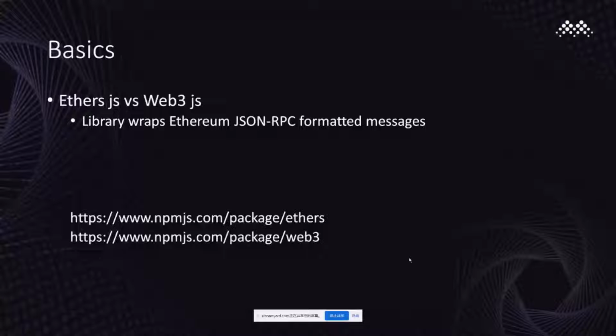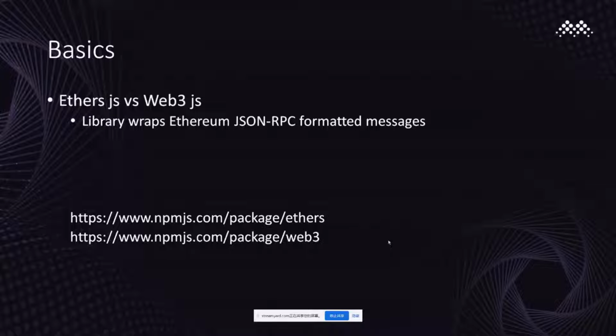Basically, they are doing the same things, but I think recently more developers use Ethers, which is easier to read. But basically they are very similar, and you can choose either of them. I provide two links below, and you can check their details. There are very small differences.